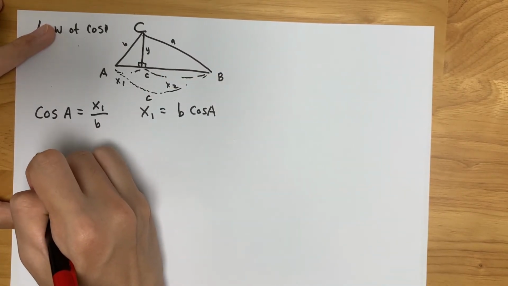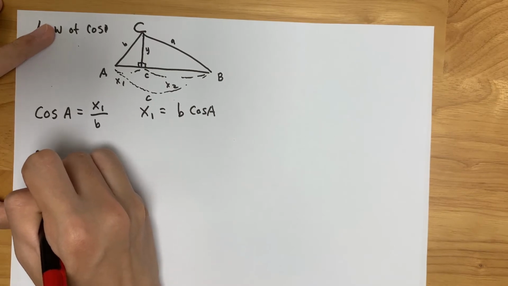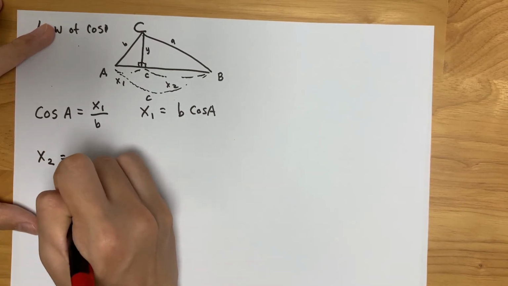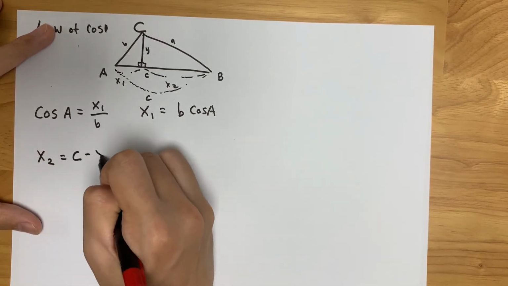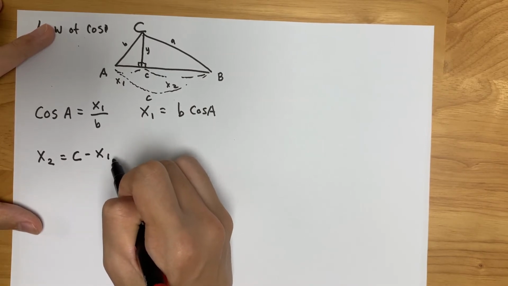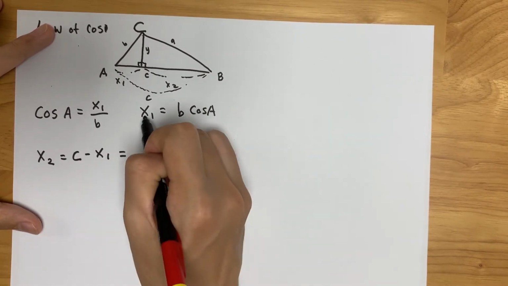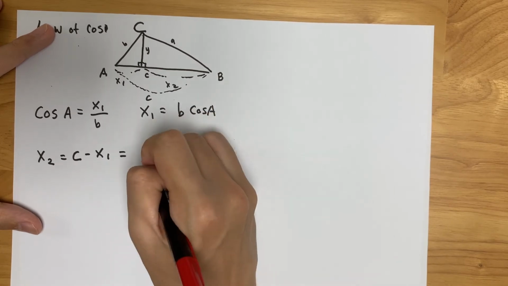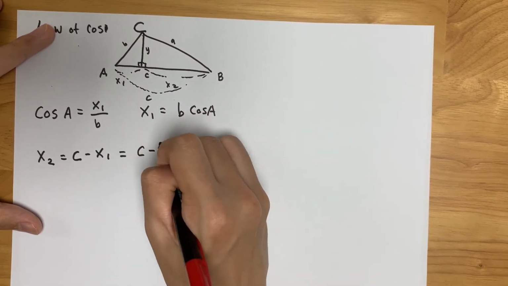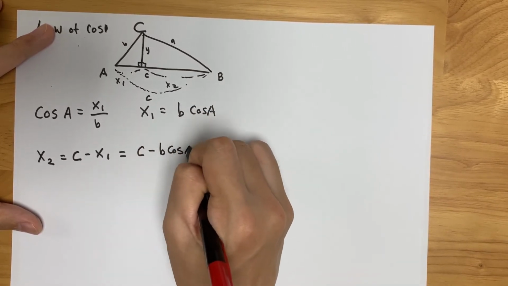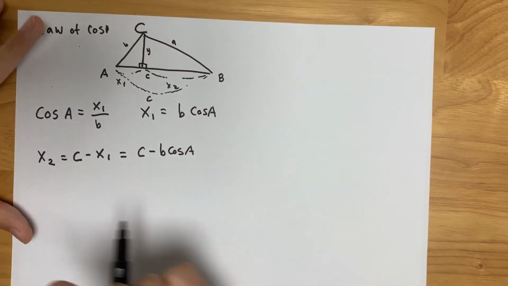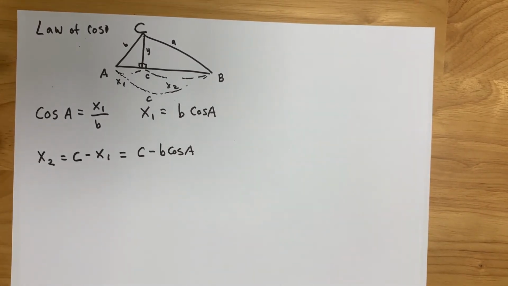We know that x2 is c minus x1, right? Then we know x1 is b cosine of A, so c minus b cosine of A is x2. Okay, we found out something important, something significant.